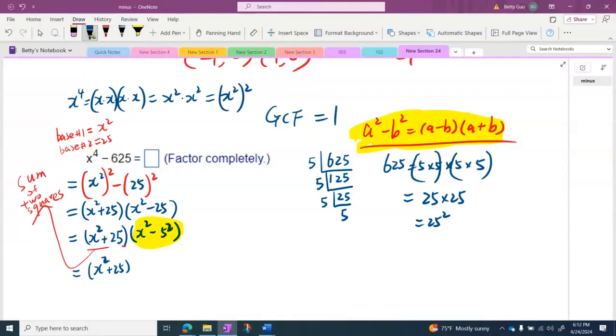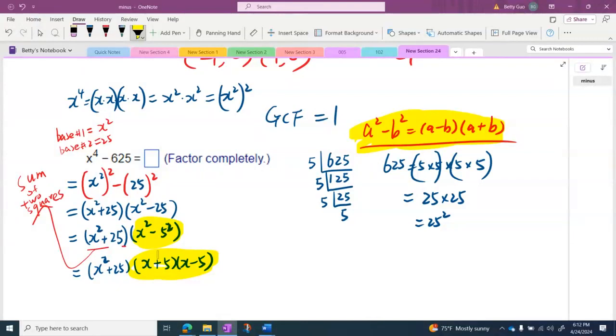So we can use the formula one more time, twice, and factor x squared minus 5 squared as x plus 5 times x minus 5. Do you see the yellow part? And now our factorization is complete. This one is challenging because we use the formula twice. And please let me know, is that clear?